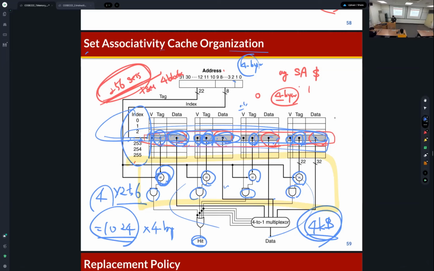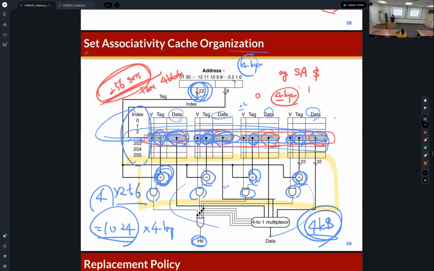Okay, then we can check the 4 different cache blocks, because one set includes 4 different blocks. So we need to check the tags of these 4 different blocks against the tag part of the address.